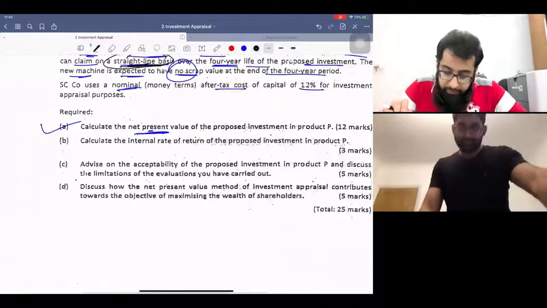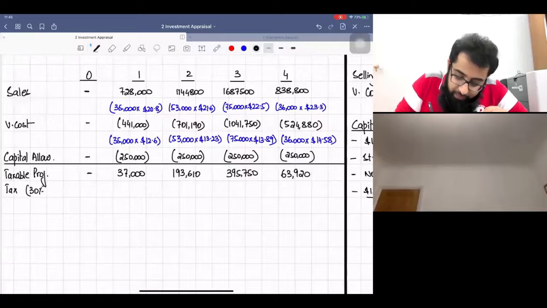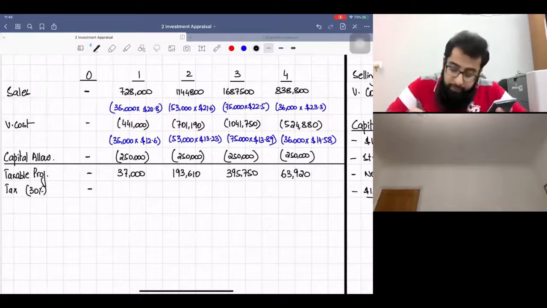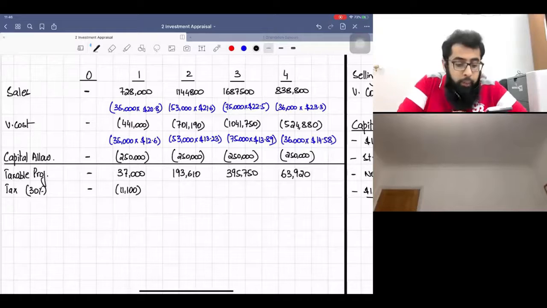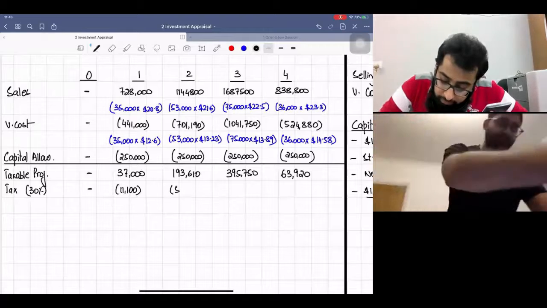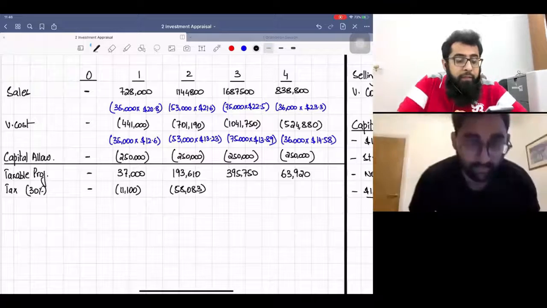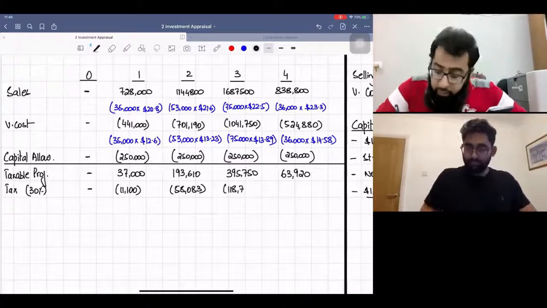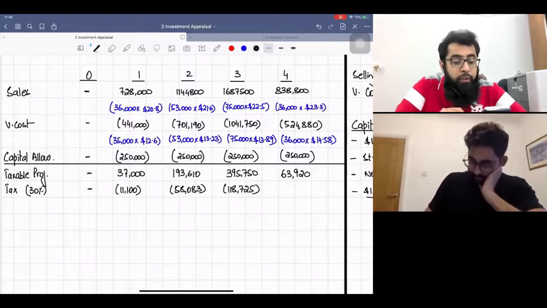So 37,000 into 0.3 is 11,100. 193,610 into 0.3 is 58,083. Then 395,750 into 0.3 is 118,725.